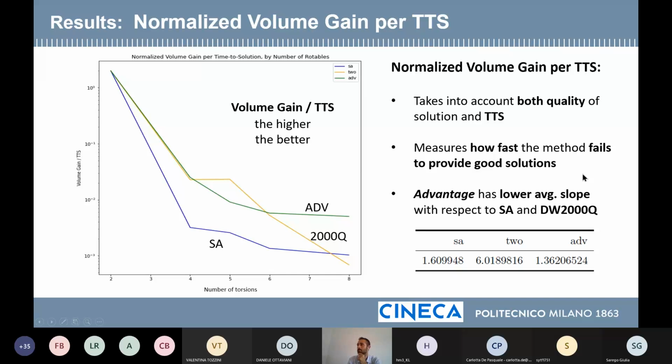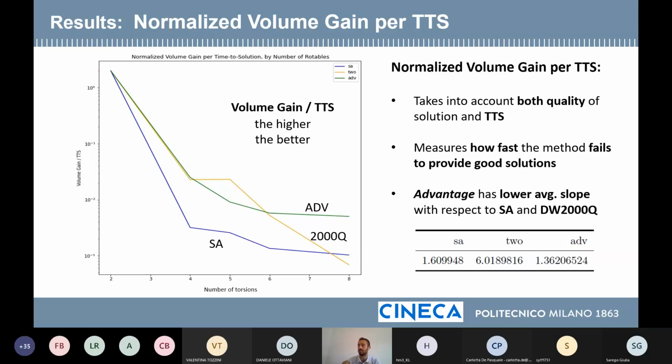Everything is normalized, so it's not an absolute. That's why simulated annealing in this case is lower. This means that Advantage seems to have a lower average slope.